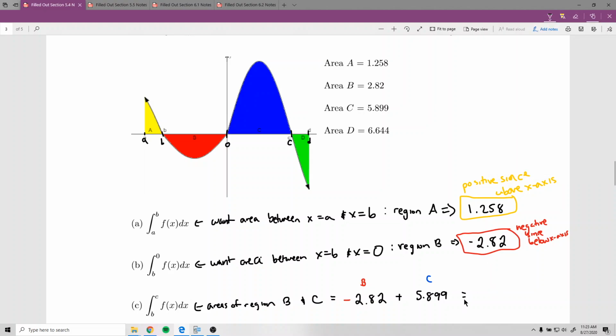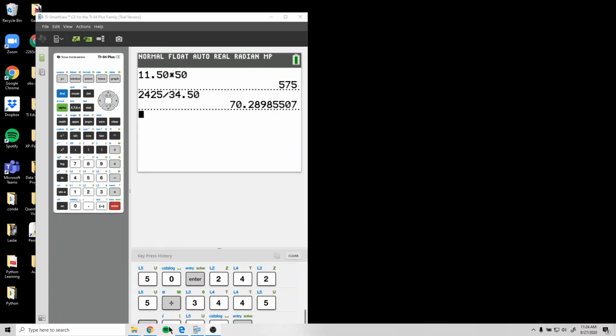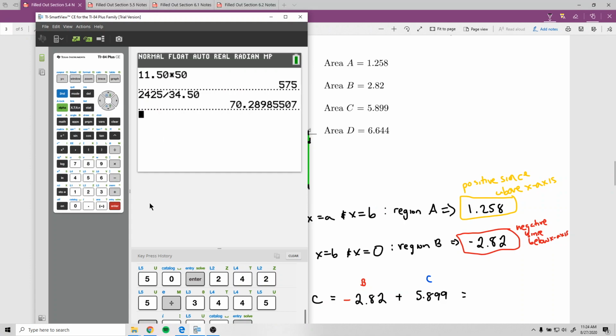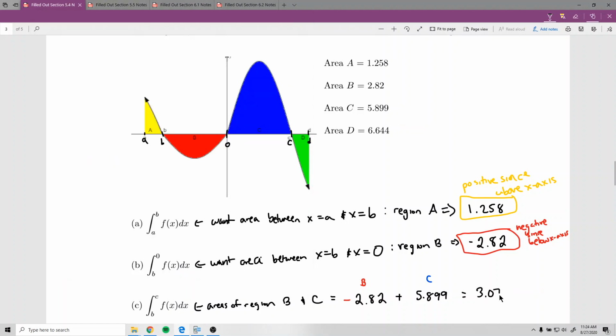But once you get all the positives and negatives switched out, this one we have to do a little bit of arithmetic. So negative 2.82 plus 5.899 gives us 3.079. And that would be our answer for this one.